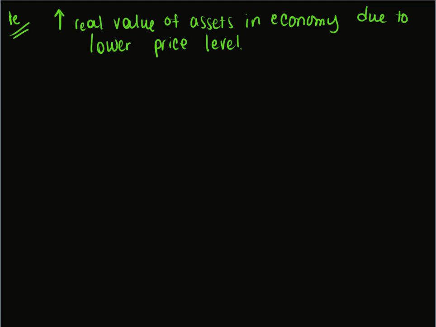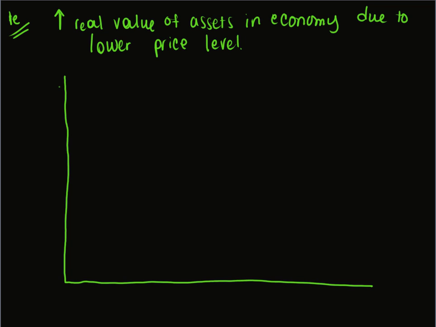So I have on my horizontal axis quantity of output, which I denote by Y, and I measure using real GDP. On my vertical axis, I have the price level, which I denote with a P, and I measure using the GDP deflator.